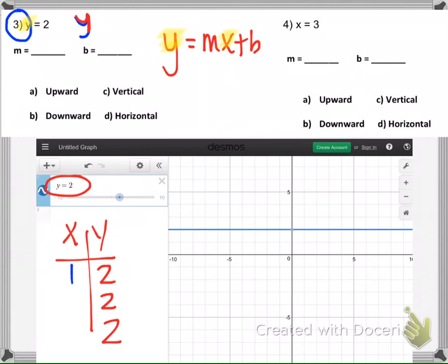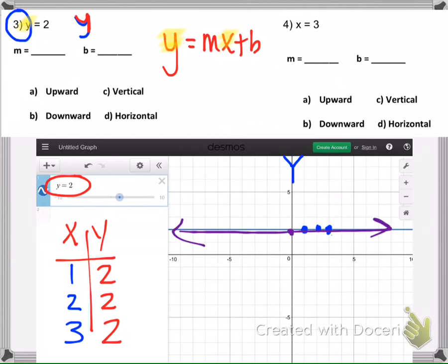So it doesn't matter what the x's are, but when I graph those points there, when you connect them, it makes a horizontal line. So all you have to remember is if an equation just has a y, that you go to 2, here's the y, you go to 2, and then you make a horizontal line.